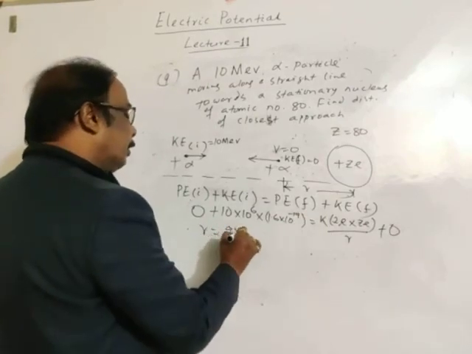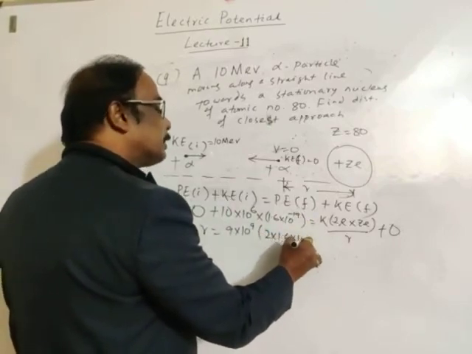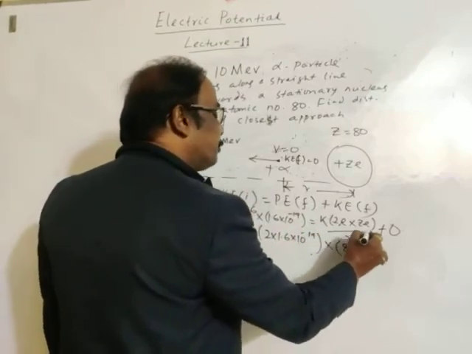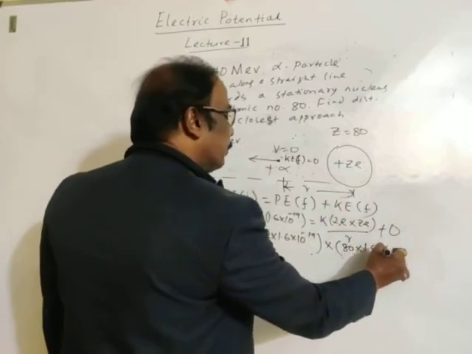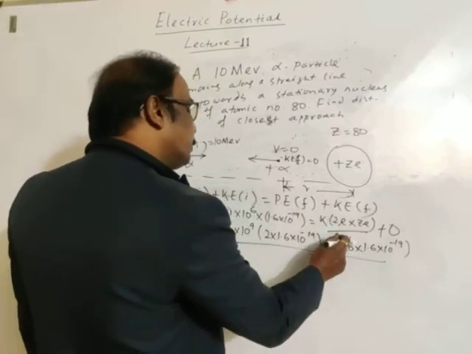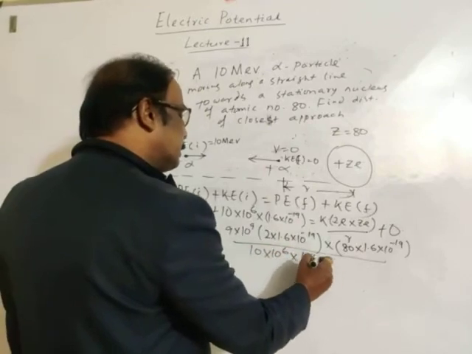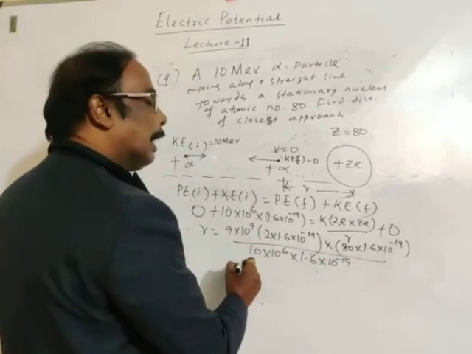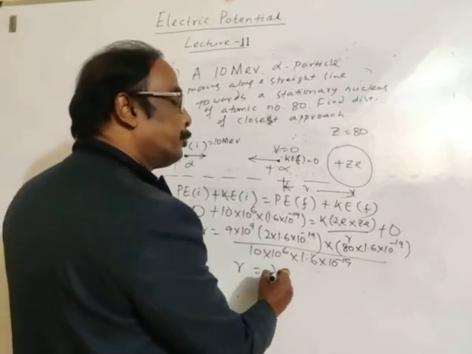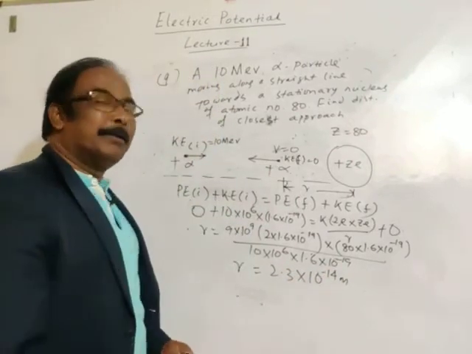K is 9 into 10 to the power 9, 2 into charge of electron 1.6 into 10 to the power minus 19 into Z, Z is 80, charge of electron 1.6 into 10 to the power minus 19, divided by, cross multiplying r, divided by 10 into 10 to the power 6 into 1.6 into 10 to the power minus 19, and solving you will get distance of closest approach. Distance of closest approach is 2.3 into 10 to the power minus 14 meters.